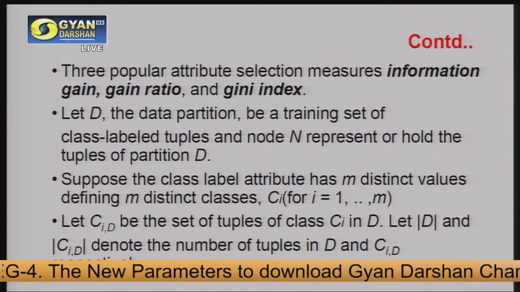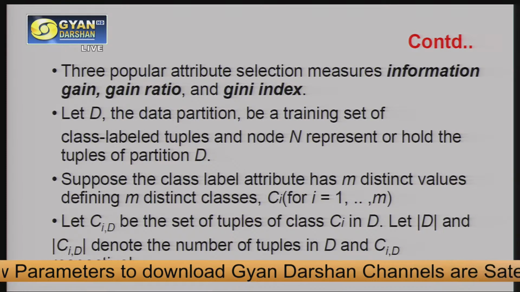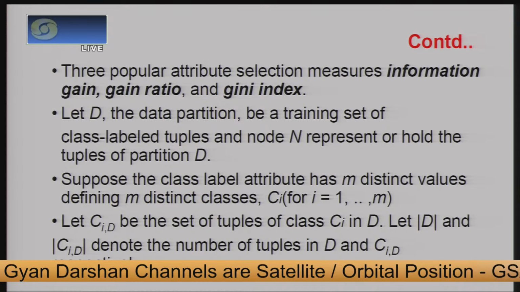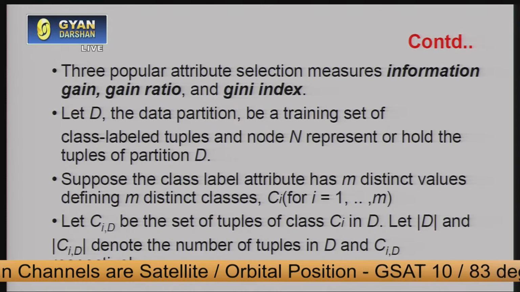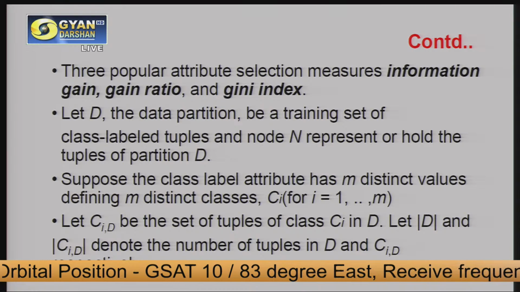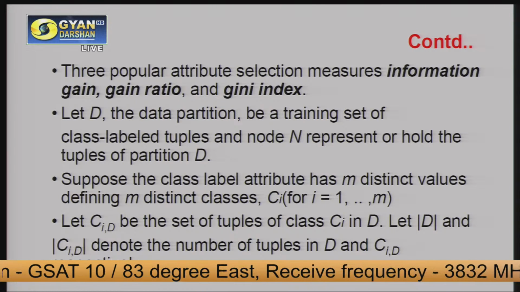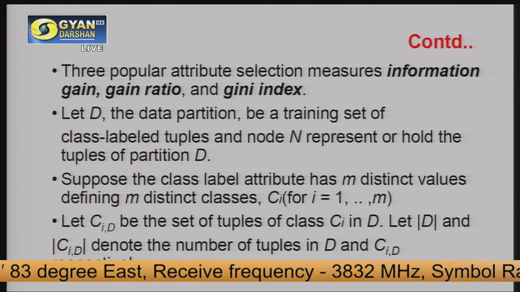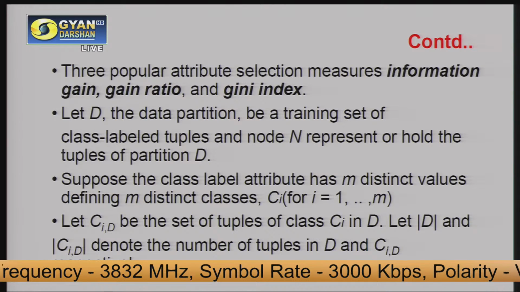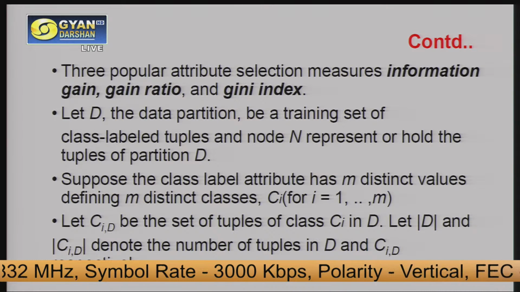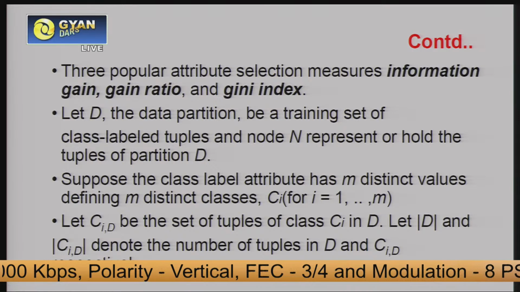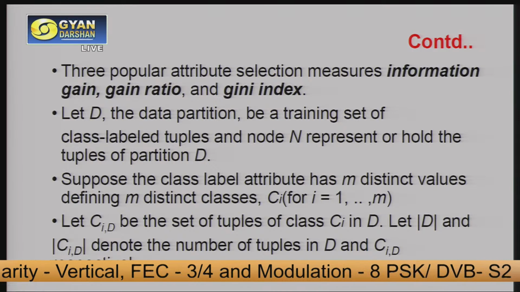So we will have a data partition D, and a training set of class-labeled tuples, because we are talking about supervised learning. And |D| is going to represent the number of tuples in data partition D. Then we have the class label attribute which has M distinct values, where M defines the number of distinct classes.